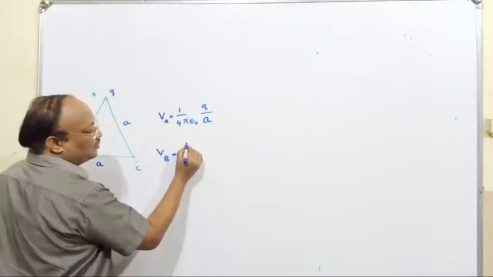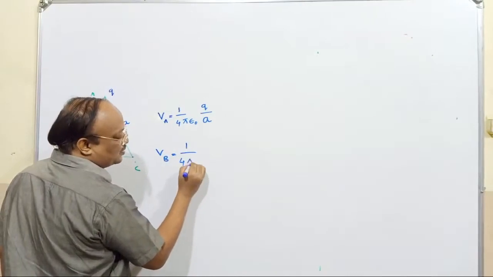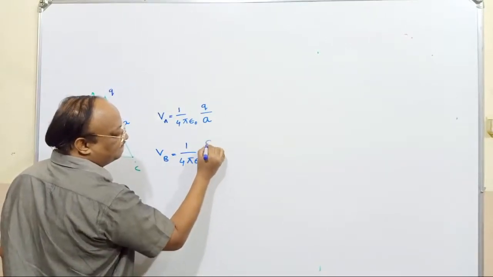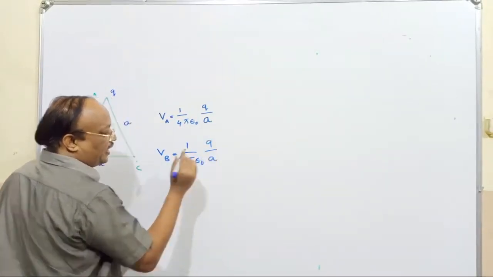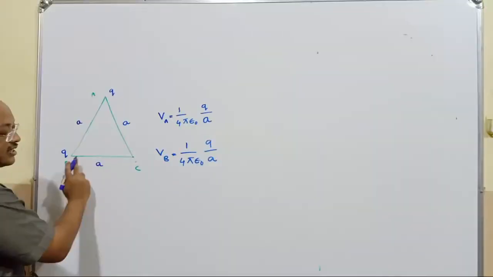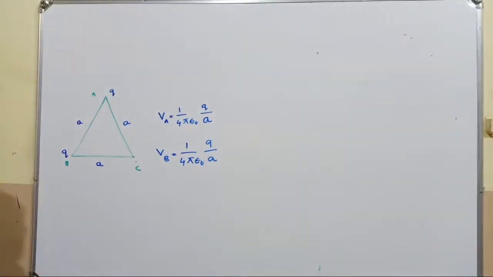It is 1 by 4 pi epsilon naught Q by A. Charge is Q, its separation from C is A.